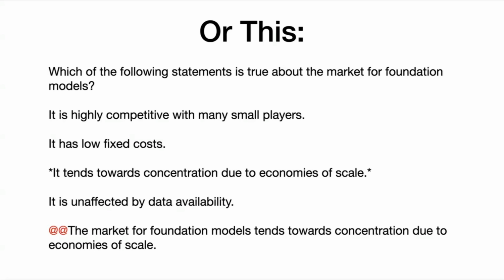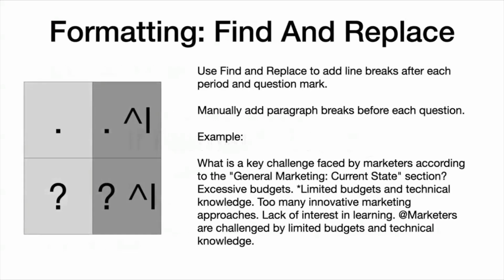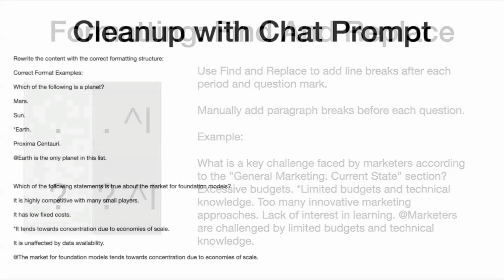So it's rare that this happens, but if it does happen, there are ways that we can fix the formatting being incorrect. One way is using a find and replace to sort of put in line breaks after periods and question marks. So here you replace a period with the code for a line break, or replacing a question mark with a question mark and a line break. So that's one thing we could do.